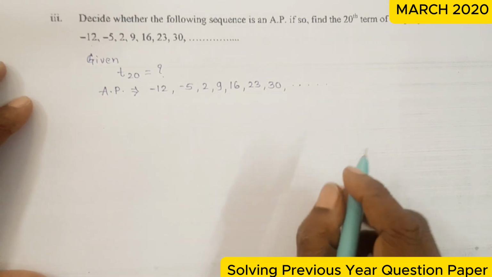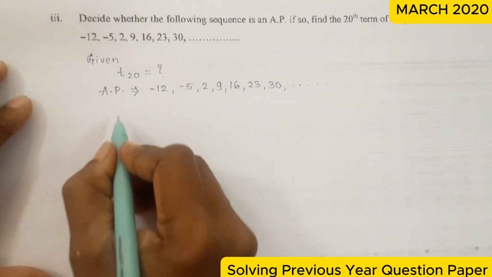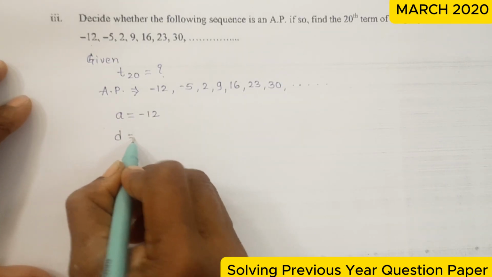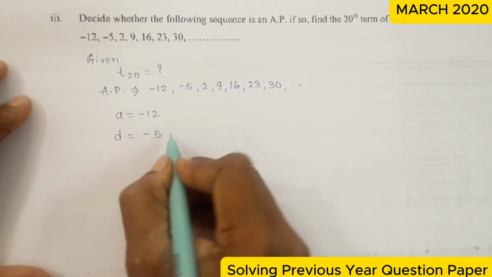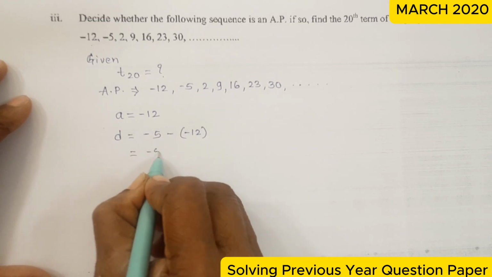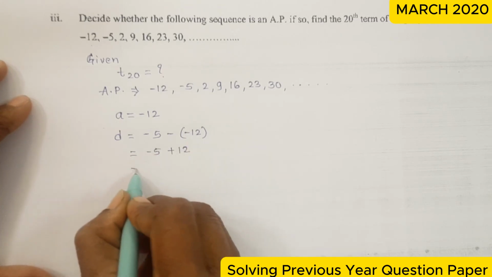Okay students, from the AP, a is equal to -12, d is the common difference, -5 minus of -12. So that means -5 plus 12, and that is equal to 7.